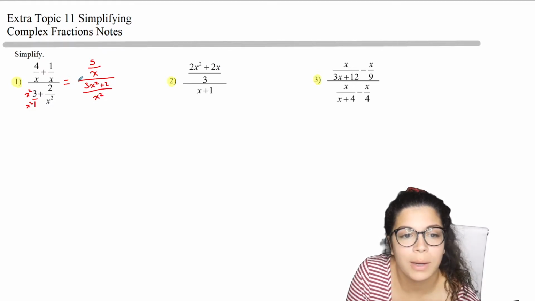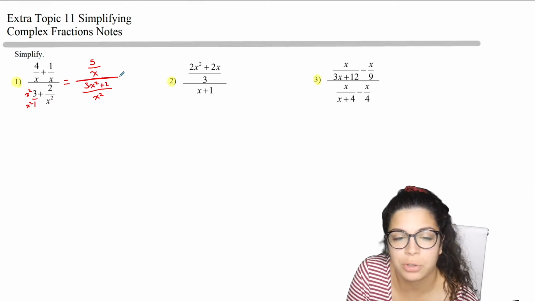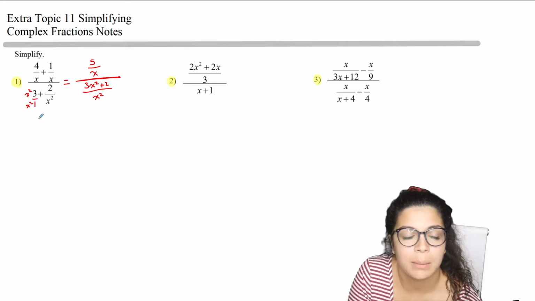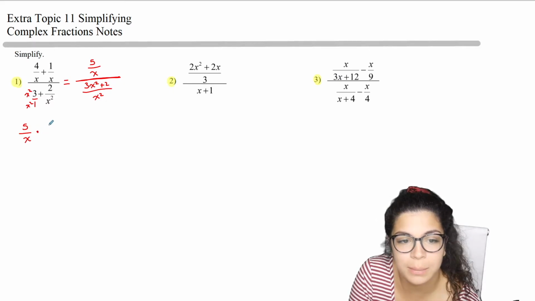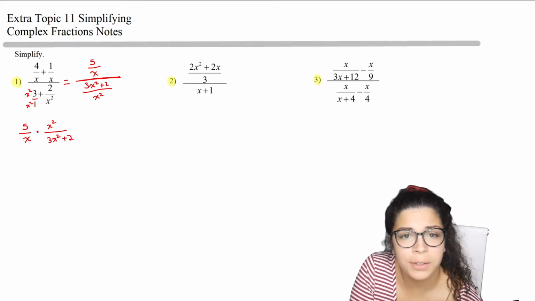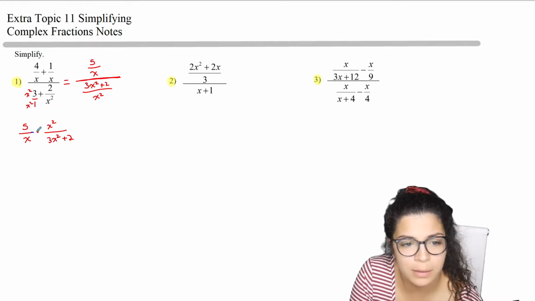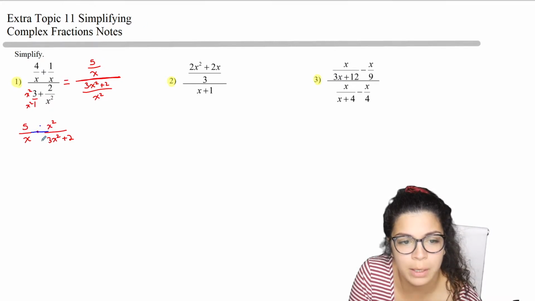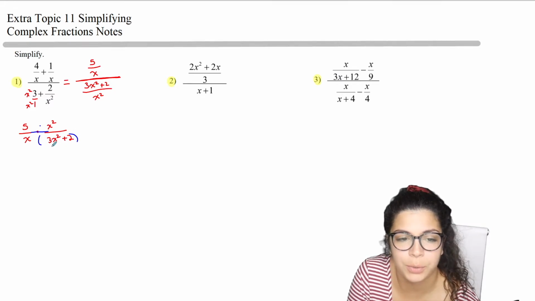Now we're going to go ahead and actually divide, now that we have one fraction over one fraction. I'm going to take the numerator and change the division to multiplying the reciprocal, x squared over 3x squared plus 2. Now these two are multiplying together, so that means it's just 5 times x squared over x times 3x squared plus 2.